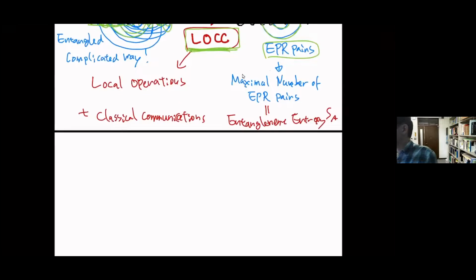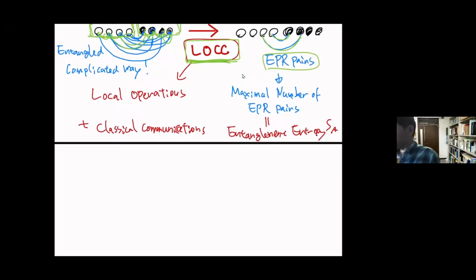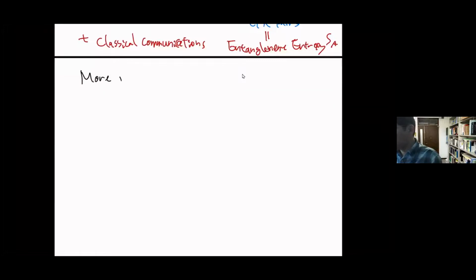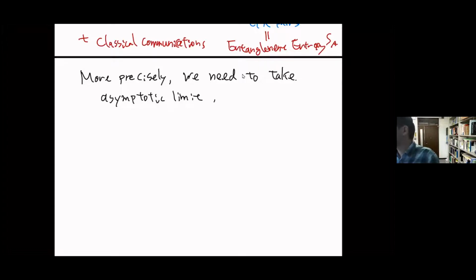But more precisely, for the following statement, we need to take something called the asymptotic limit. Quantum information theory people always do this to make quantities very smooth.